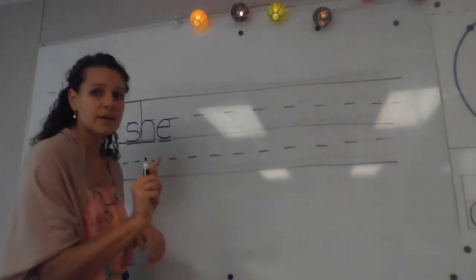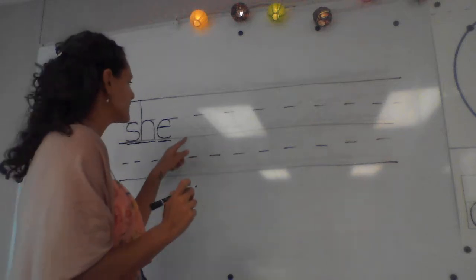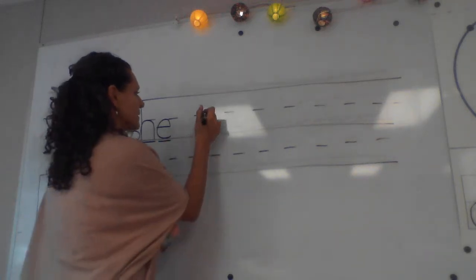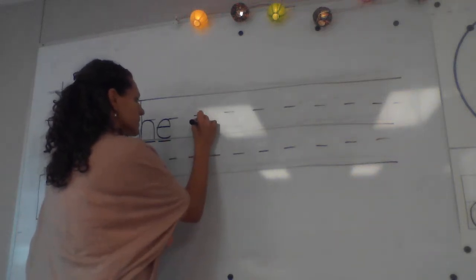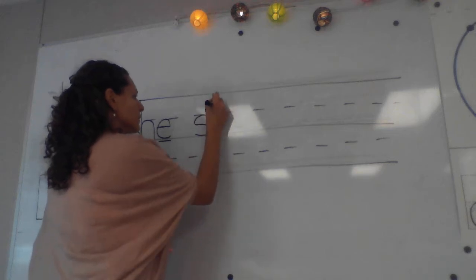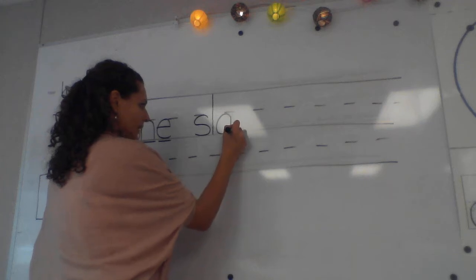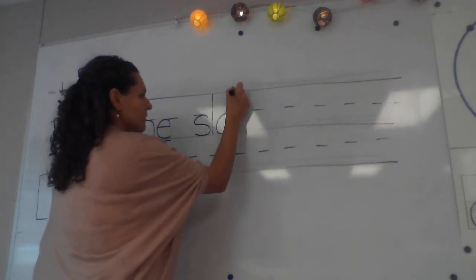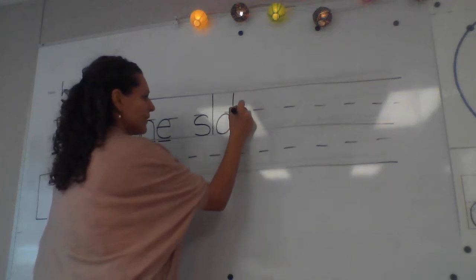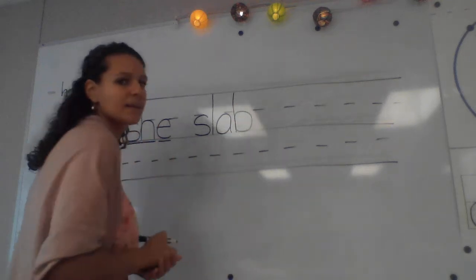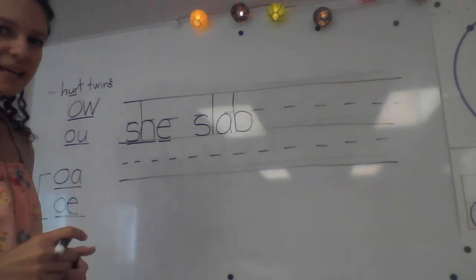And then put your finger under the first phonogram in slab. Tell me what I need to write to spell it. Good. S. Good. L. Good. A. And good. B. Make sure we're starting that B in the correct spot. All right, make sure yours looks like mine.